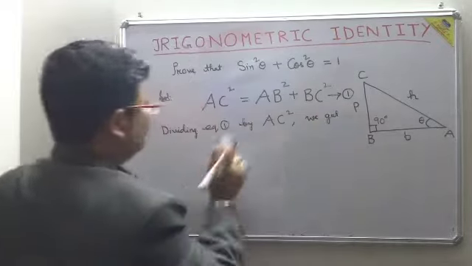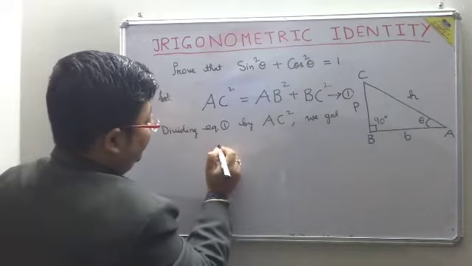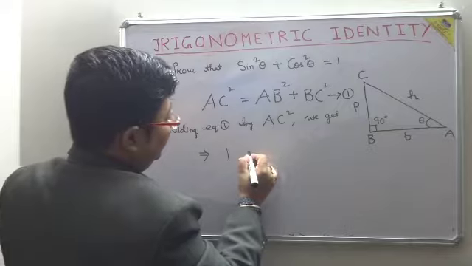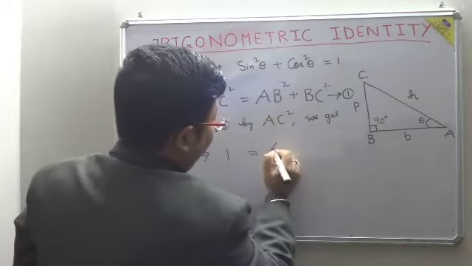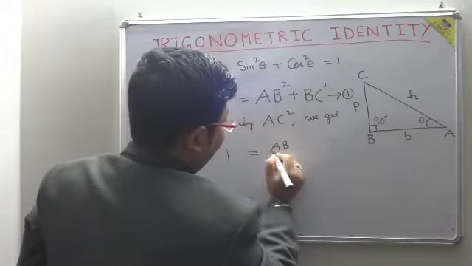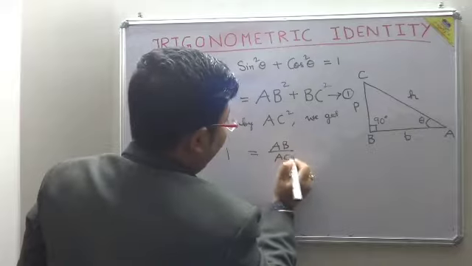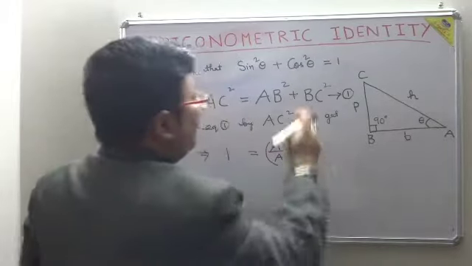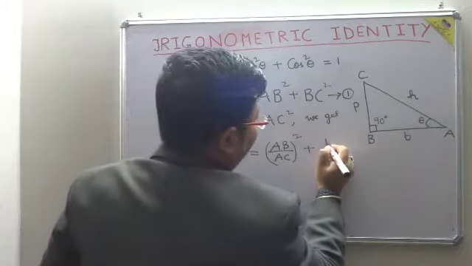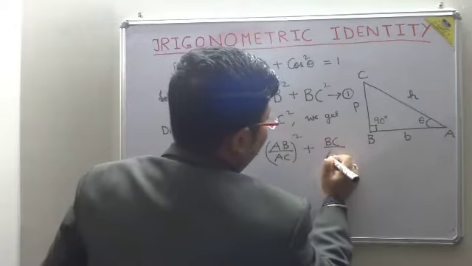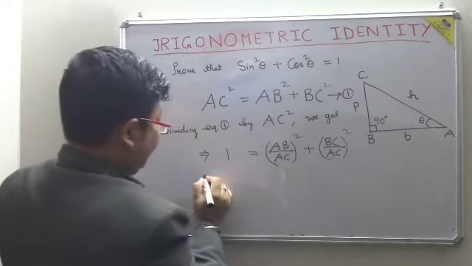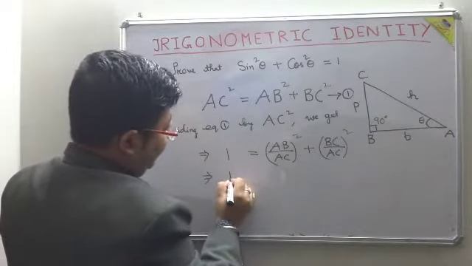We get AC square by AC square, which will be 1, plus AB square by AC square, so I will write AB by AC whole square, plus BC by AC whole square.